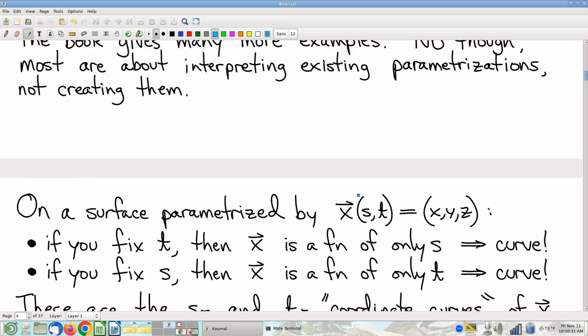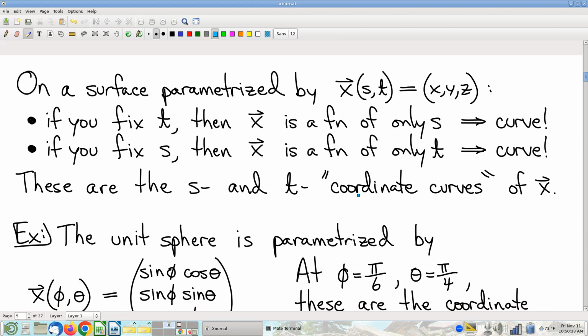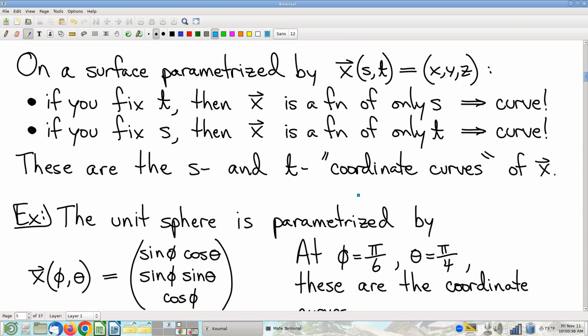All right, so now on to using parametric surfaces to understand a new kind of integral, and we're going to have to work our way up to it by developing several ideas, so bear with me here. All right, so parametric surface.